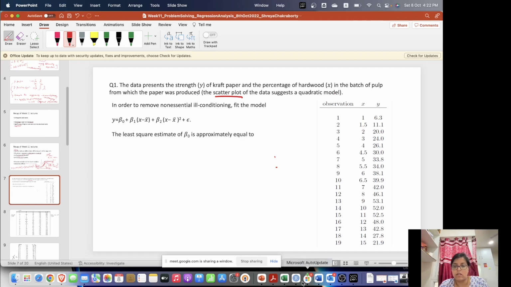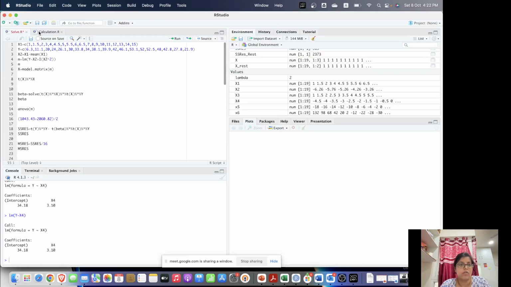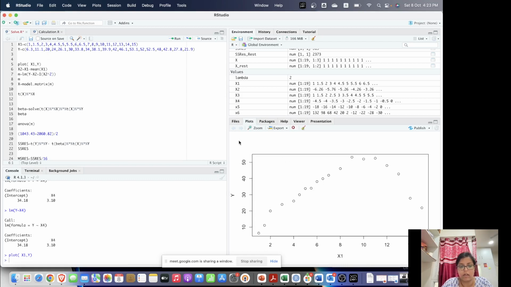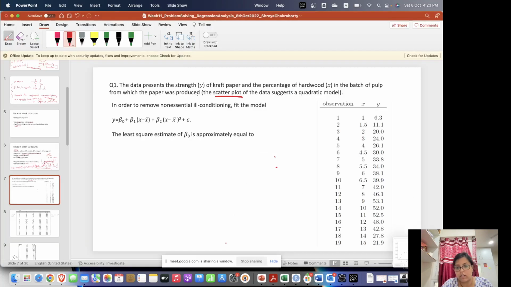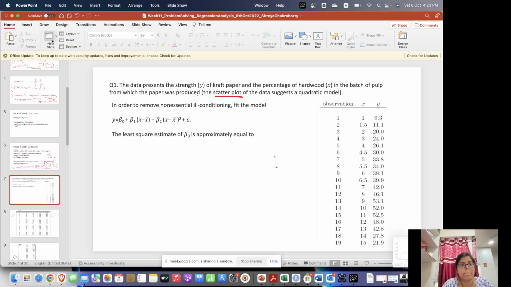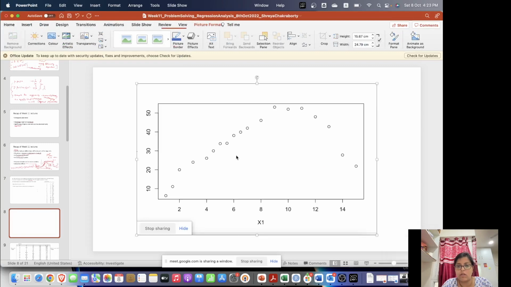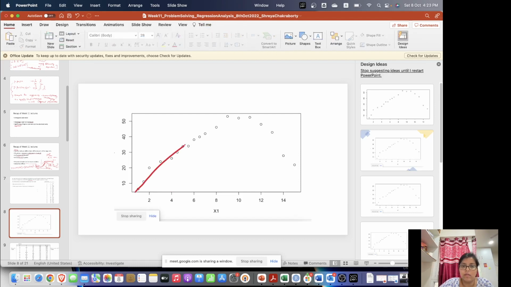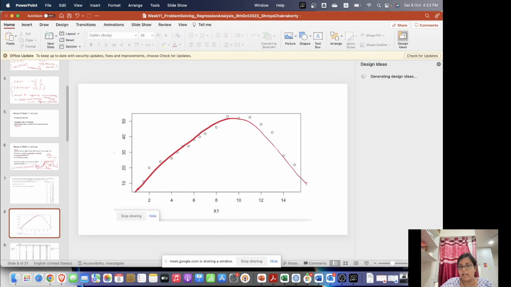I'll try to draw the scatter plot and show. So this is how the scatter plot looks for this data, something like this.